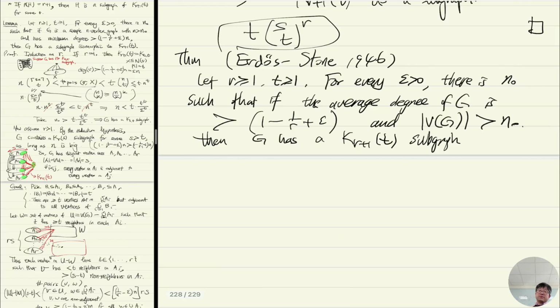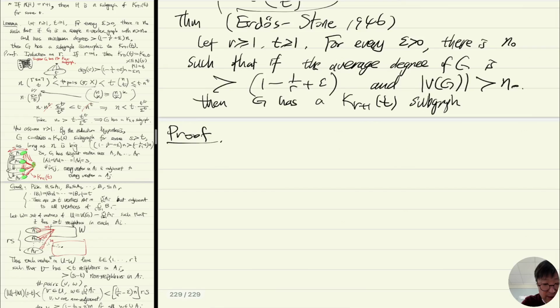Okay, so instead of a minimum degree, now we are slightly more general and we want it to be average degree. And the proof is just to reduce to the previous lemma. How do we reduce it?